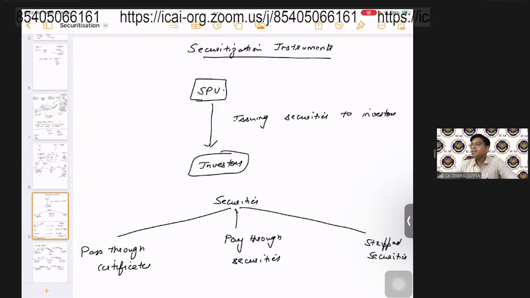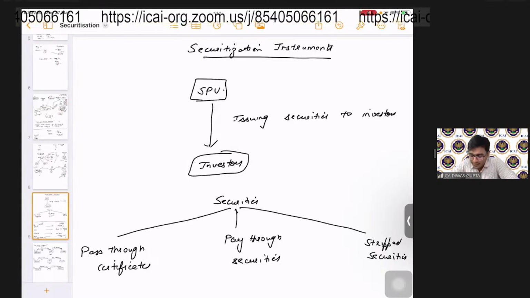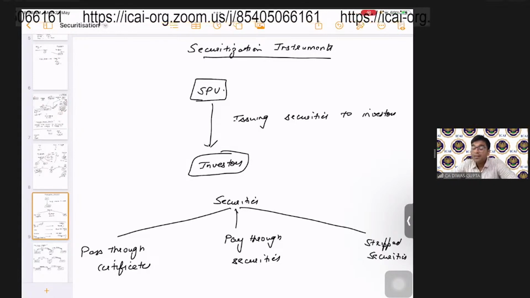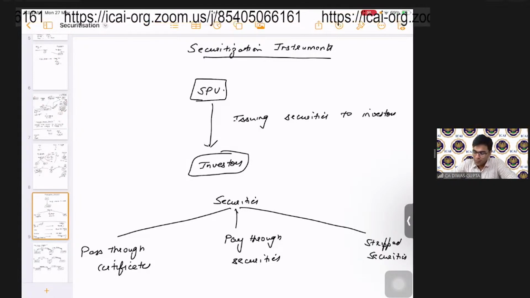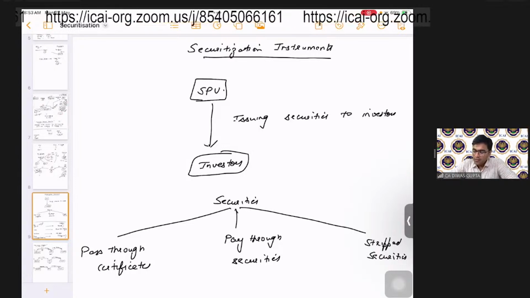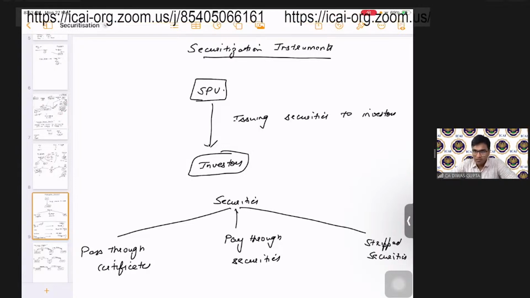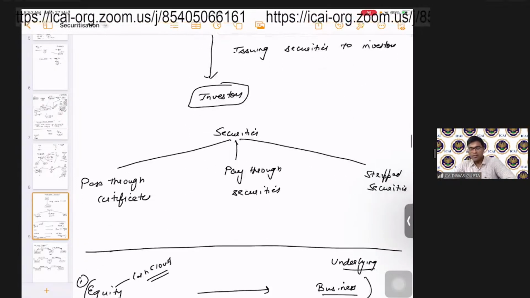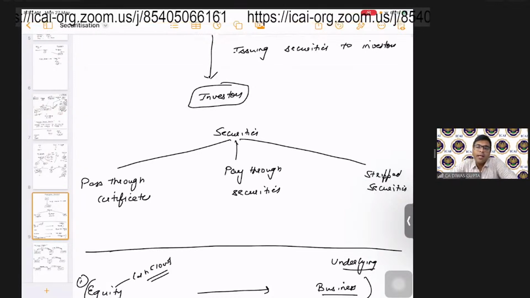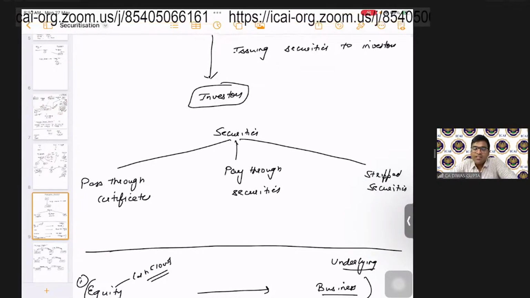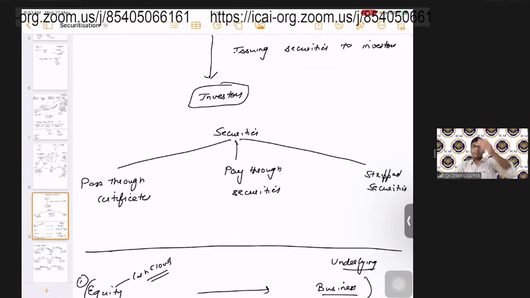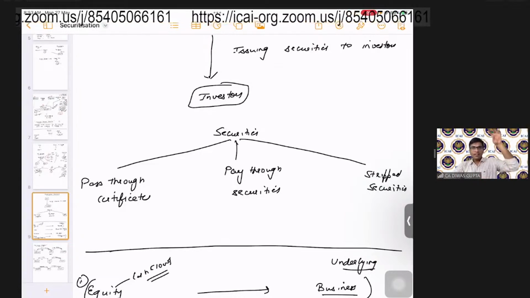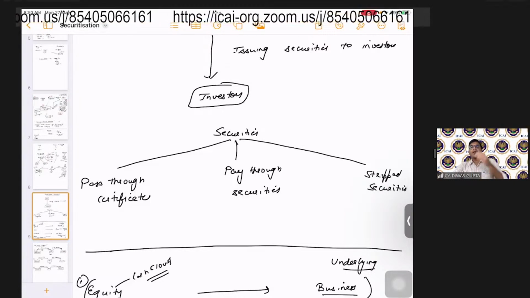Okay. Now let's come back to the securitization instruments. There are different kinds of securitization instruments, students. The SPV is issuing those to the investors. What are they? One is the pass-through certificates. As the name suggests, whenever we say pass-through certificates, it means whatever is coming is passing through. Coming from whom?